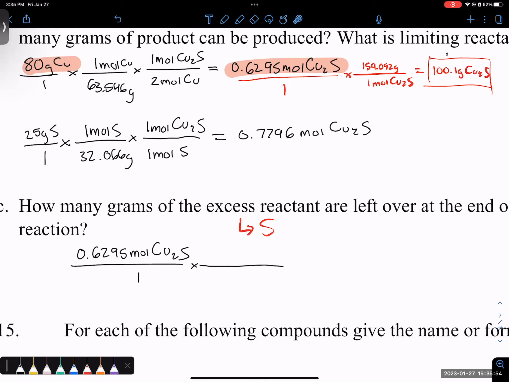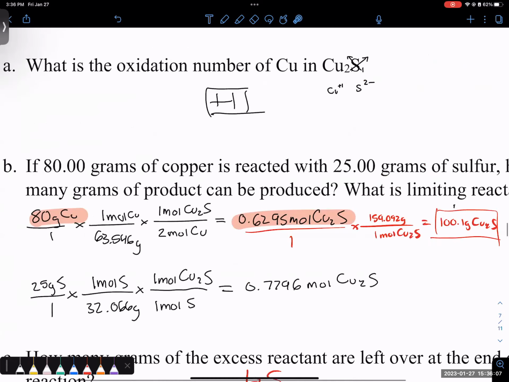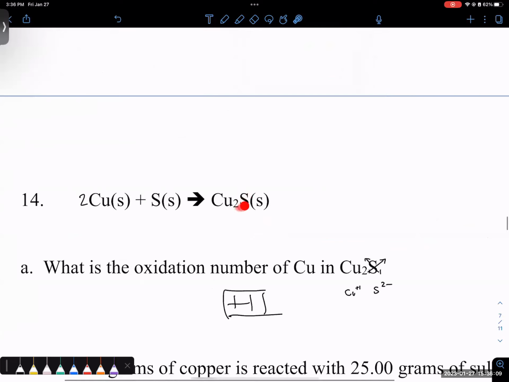How do we convert from moles of one thing to moles of the other thing? In this case, it's moles of product to moles of reactant.